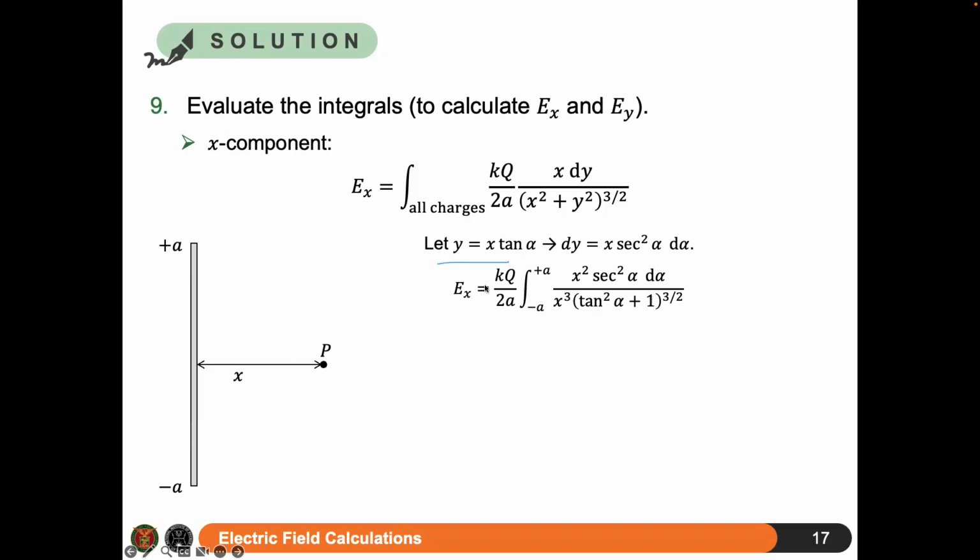We square that, so y squared equals x squared tangent squared alpha. Substituting it here, we have x squared plus x squared tangent squared alpha. The x squared comes out, but it is raised to 3 halves, so x cubed remains, and inside you are left with 1 plus tangent squared alpha.